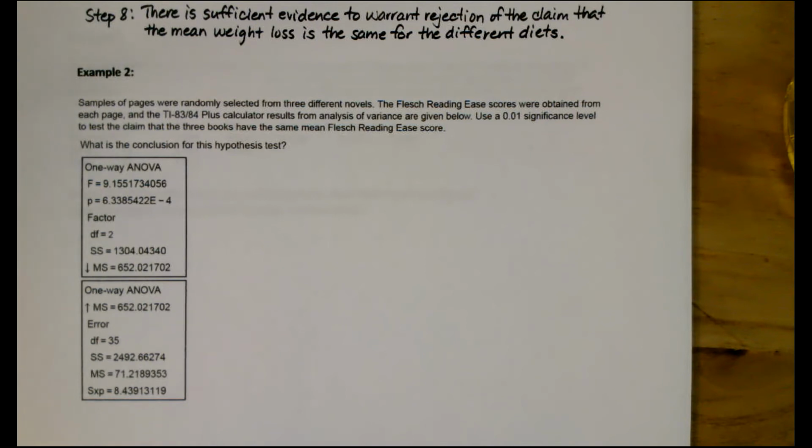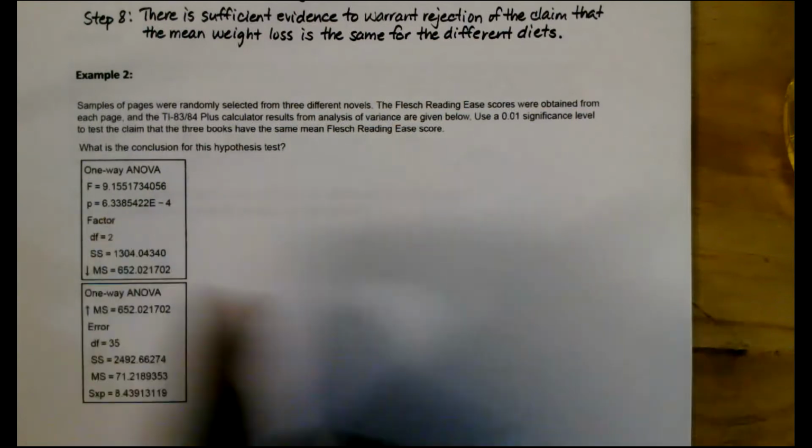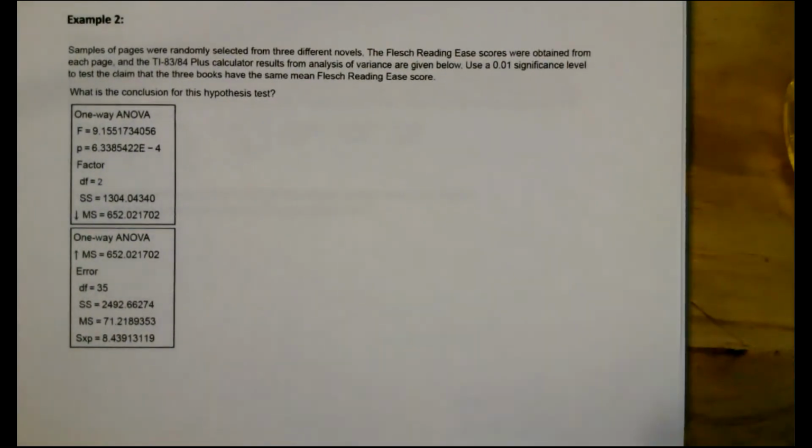Use a 0.01 significance level to test the claim that the 3 books have the same mean Flesch reading ease score. And what will be the conclusion for this hypothesis test? Okay, so here's our output right here, as you can see. But let's just go through the 8-step procedure for hypothesis testing.